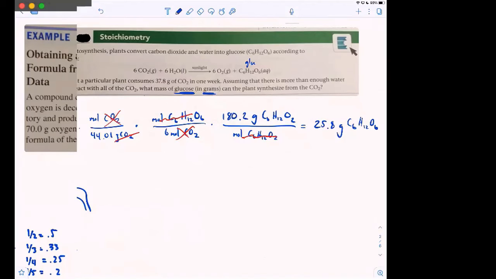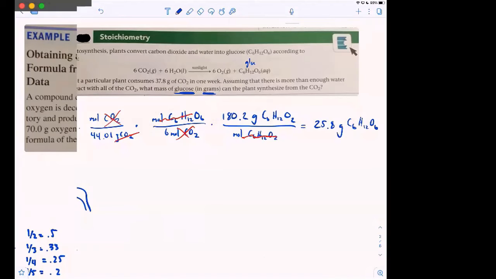So we picked dimensional analysis as the easiest way to do it. 37.8 grams of carbon dioxide, convert to moles carbon dioxide. The new step, the 1:6 ratio of glucose to carbon dioxide from the balanced chemical equation. And then the formula mass for glucose, we get 25.8 grams of glucose as our answer.